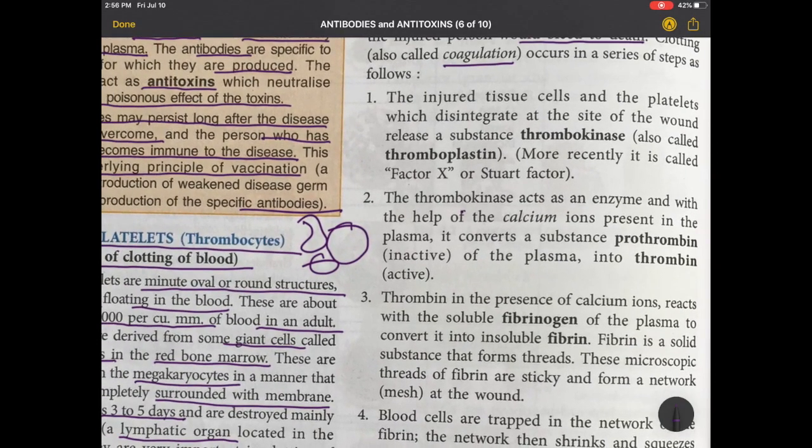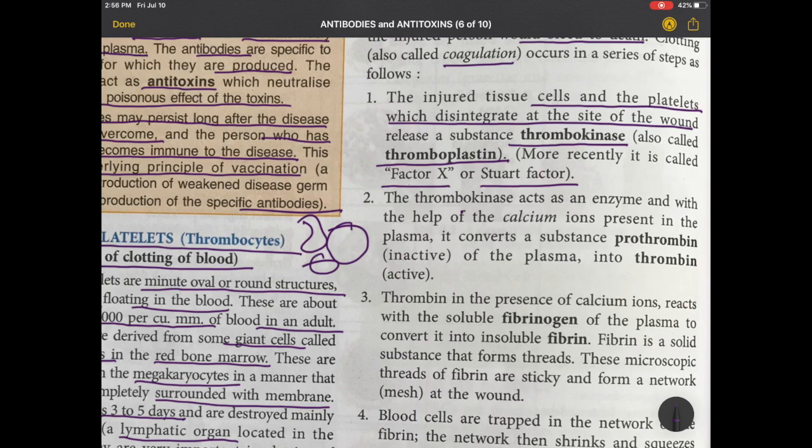Now the injured tissue cells and the platelets disintegrate at the site of the wound, and they release a chemical substance. I already told you, thrombokinase, also known as thromboplastin, and most recently it is known as factor X or Stuart factor. So it has 4 names, okay. Thrombokinase, thromboplastin, factor X, and Stuart factor.